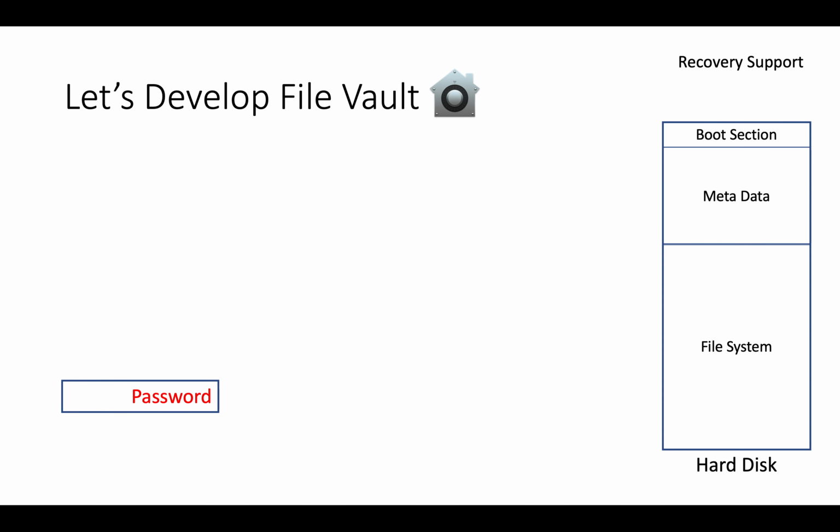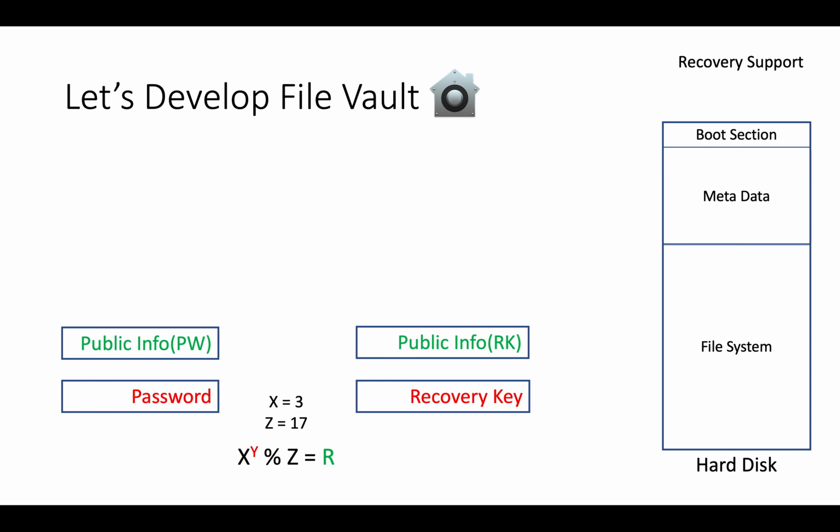Let's take a password from the user. Generate a recovery key, a random number. Bring the Diffie-Hellman formula. Define constant values. Using this formula, generate public info. Using cross combination, meaning password and public info of the recovery key, or recovery key and public info of the password, generate a common key.